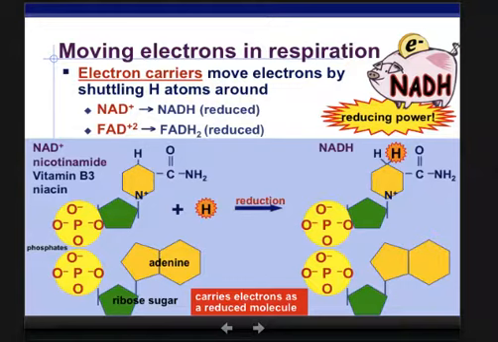Just as a side note, if you are trying to have more energy, think about consuming vitamin B3. B3 is a vitamin that's abundant in meat and peanuts and sunflower seeds, and nicotinamide is the biologically active form of niacin, known as nicotinic acid. FAD, which we don't have pictured here, is vitamin B2.